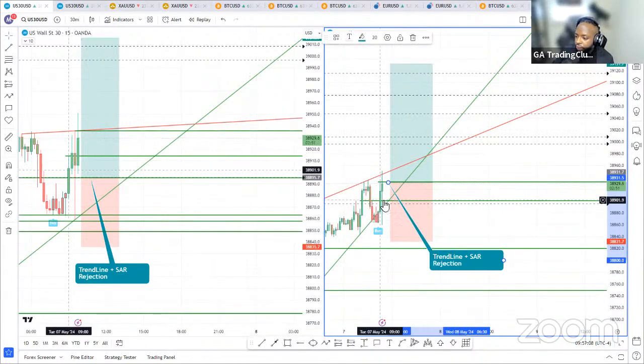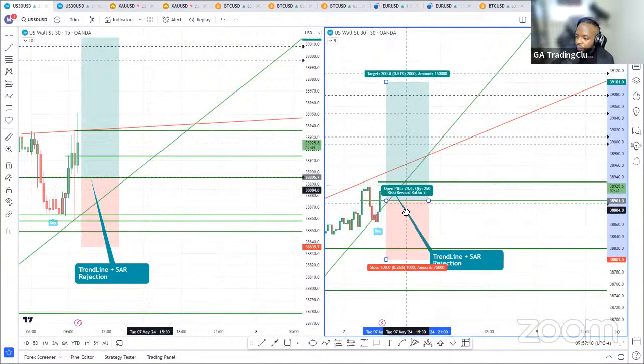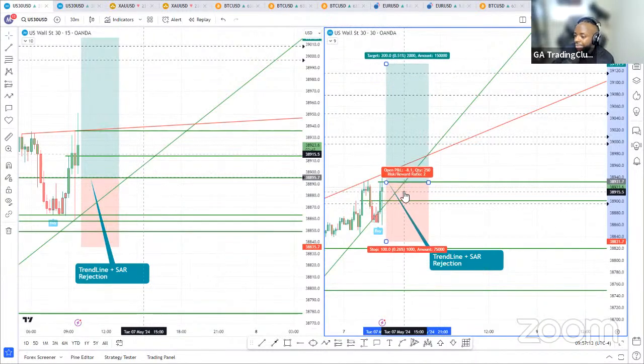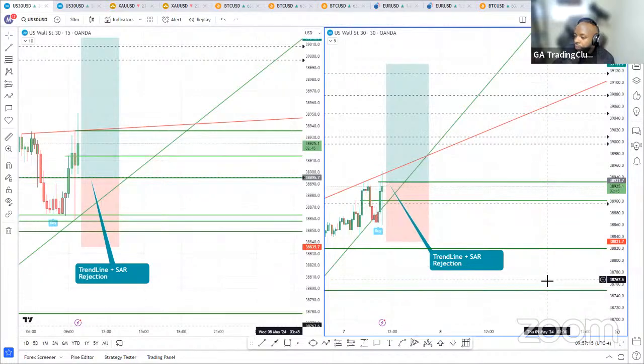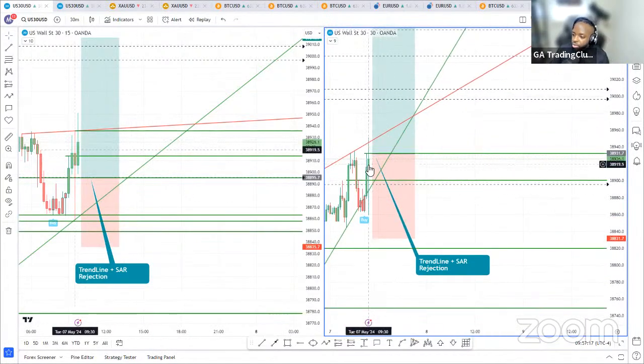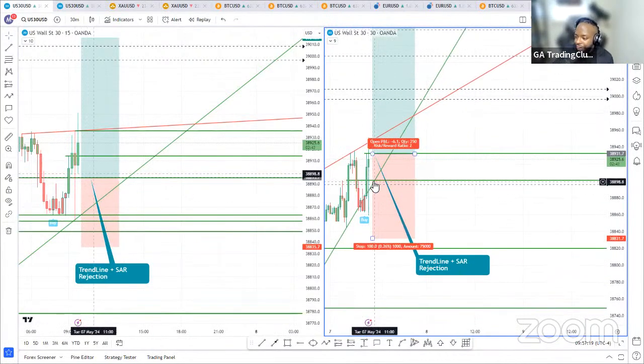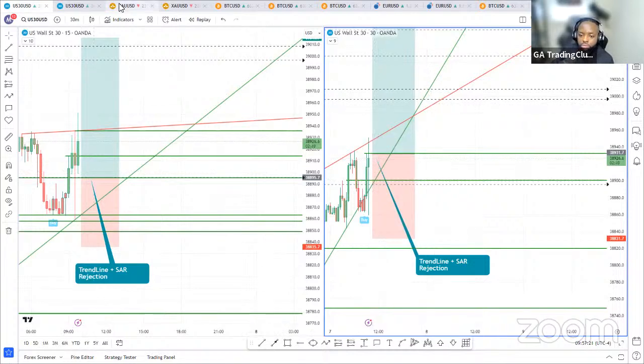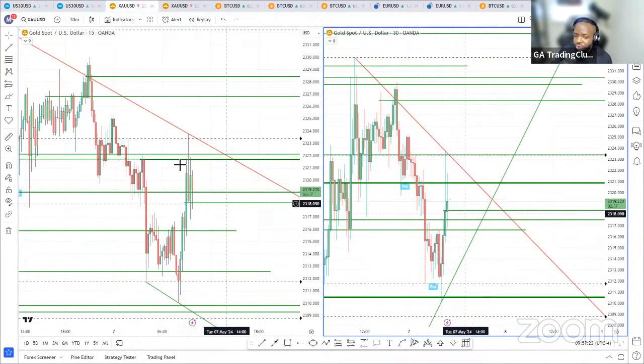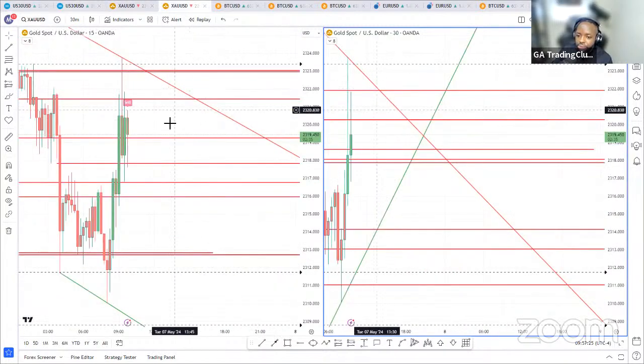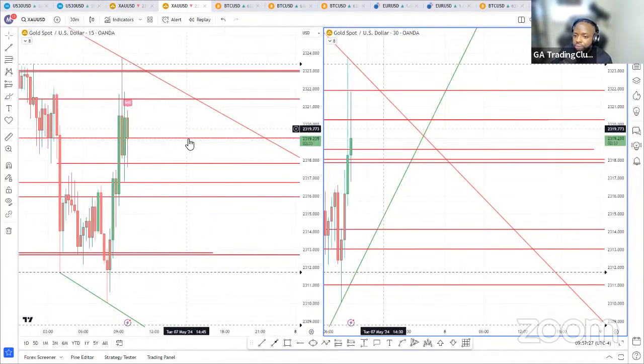The entry is going to be either this SAR or this SAR, depending on which is the closest one that this candle closes above, because it has already given us a trend line rejection. For gold, nothing here for buys because price is at the top trend line, so maybe sells. No rejection of a trend line currently.